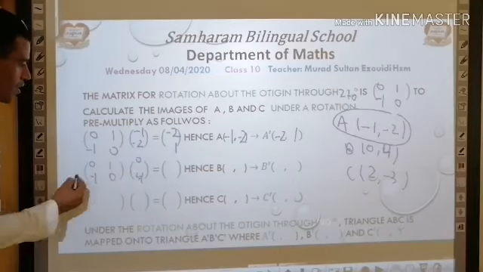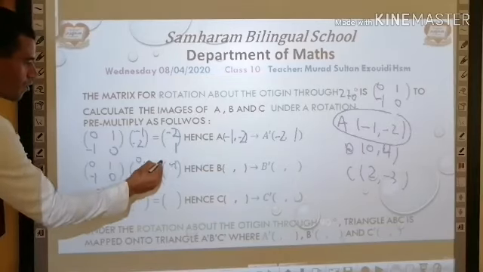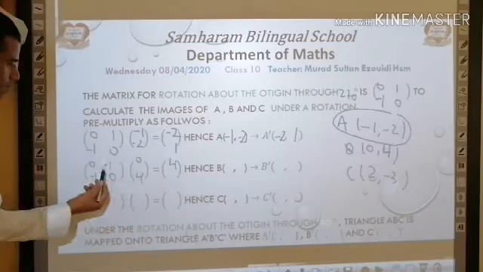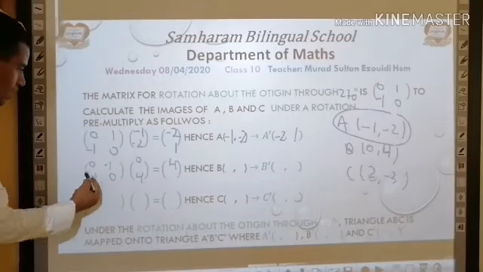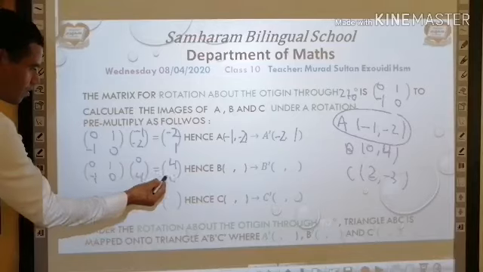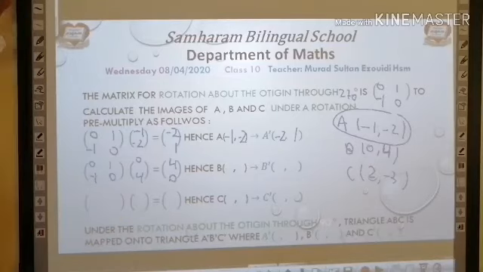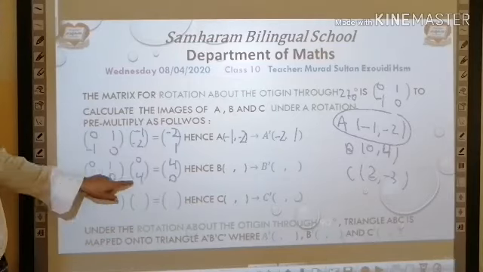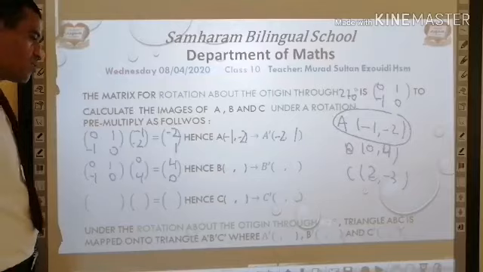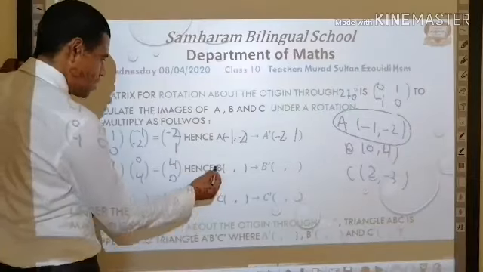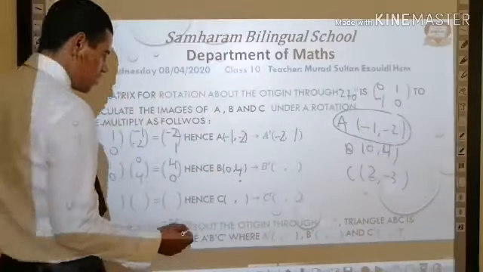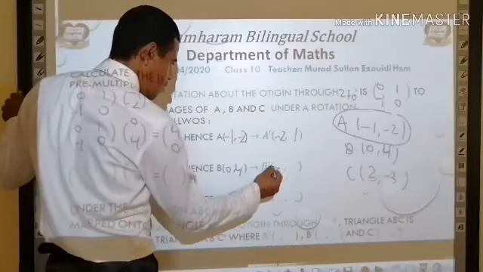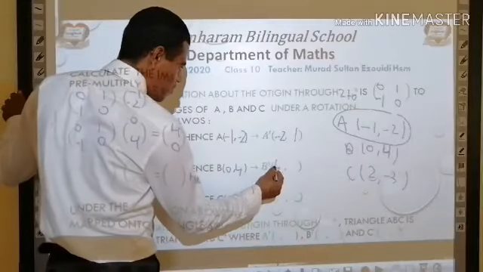Good boy. Then this one gives 4, only 4, because 0 by 0 is 0, 1 by 4 is 4, and 4 plus 0 is 4. This one, minus 1 by 0 is 0, plus 0 by 4 is 0, so it will be 0. Hence B has coordinates of 0, 4, and B prime has coordinates of 4, 0.